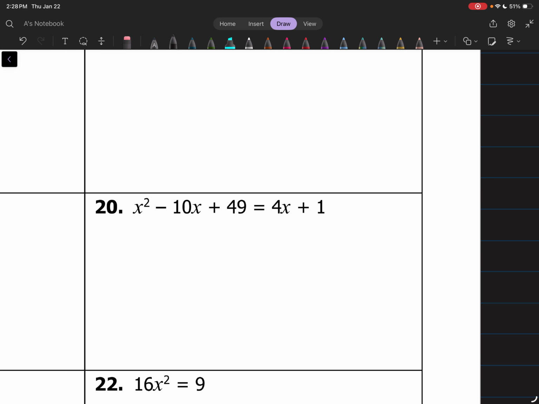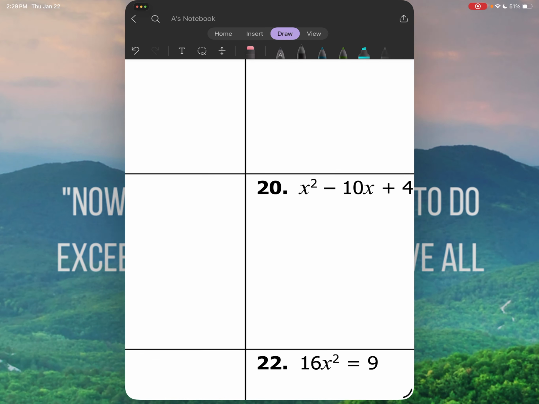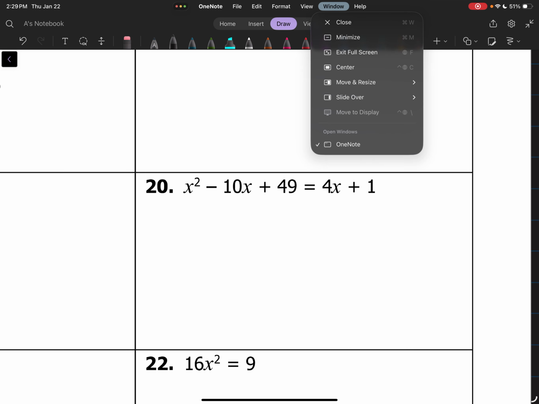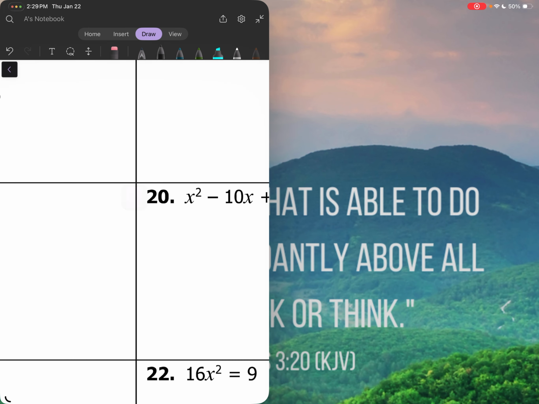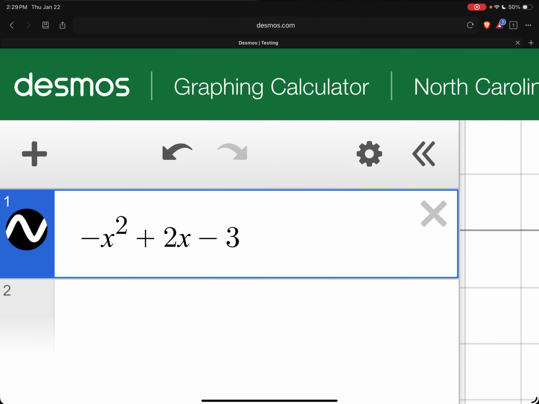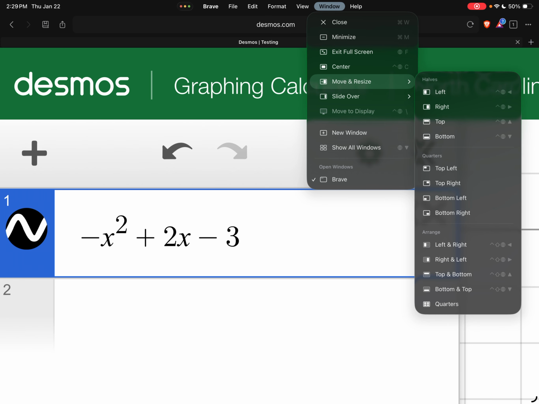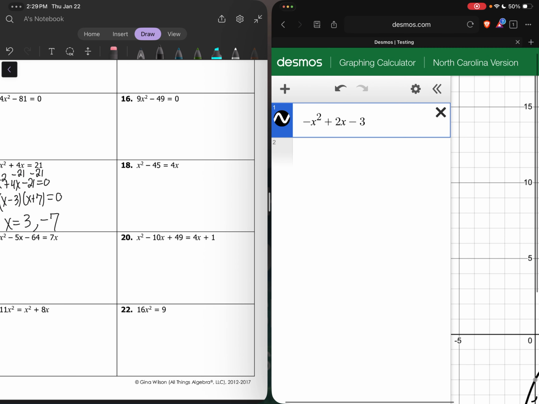Number 20 I'm showing you because if you try it on number 19, it'll work, but I want to make sure you know how to do this. I'm going to type this in Desmos.